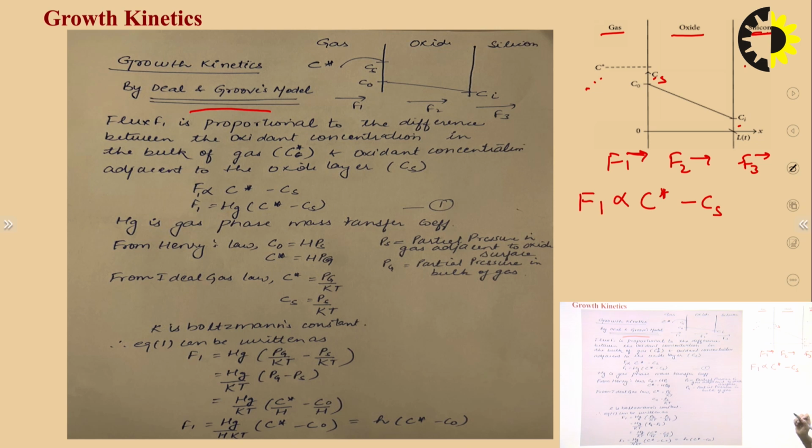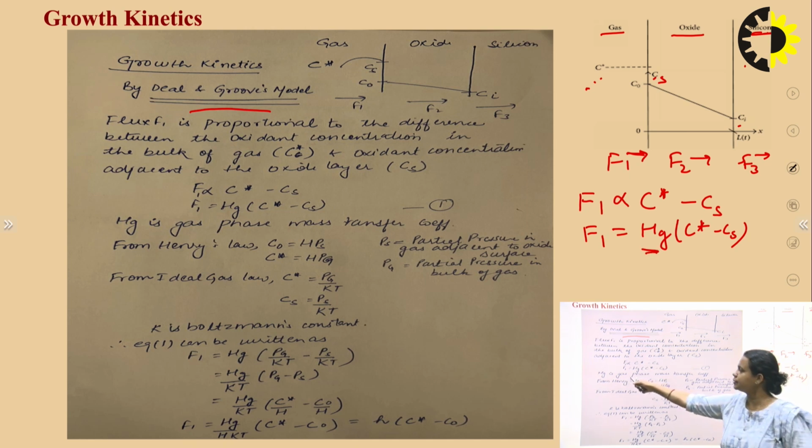Replacing the proportionality sign, we can write F1 is equal to Hg (C star minus CS). This Hg is what I have written here.